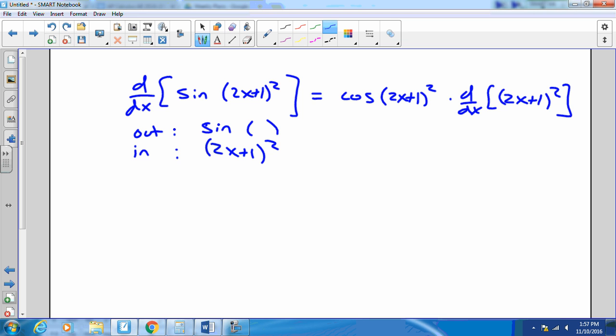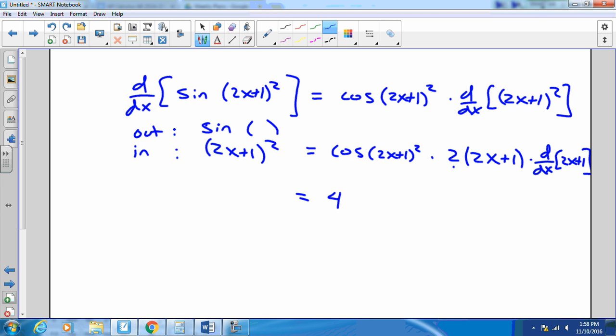Now I observe that this is also a compound function. Outside is square, and inside is 2x plus 1. So I get cosine of all this times the derivative of the outside, times the derivative of the inside. Whenever you look unhappy with something, check it. Got it.